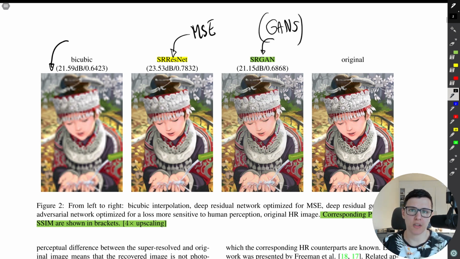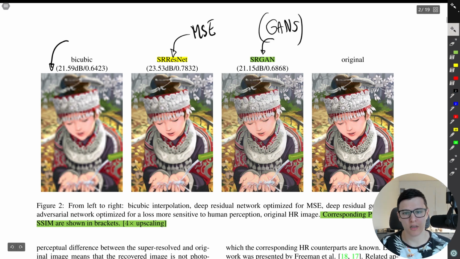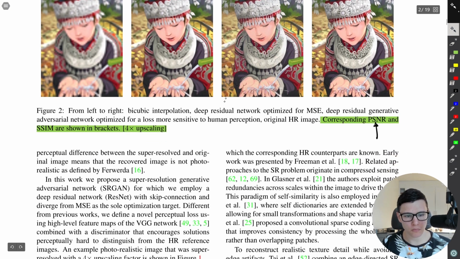Strangely enough, the metric that we have, which is this PSNR, not really sure what it stands for right now, is actually higher for the MSE one than for the SRGAN one. And so we don't really have perfect metrics to measure if an image is good or not. So that is just one thing to keep in mind. And you kind of have to just look at it and, I guess, take the one that you prefer. And probably that's the SRGAN one.